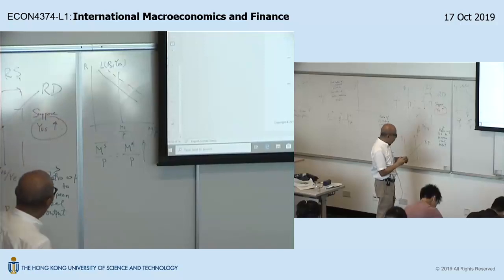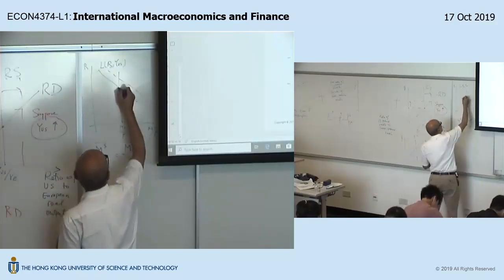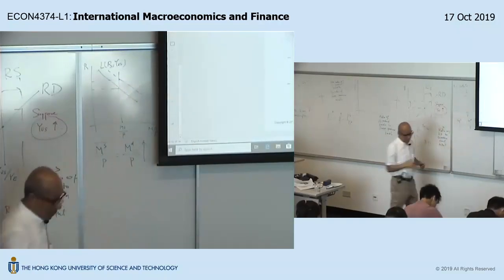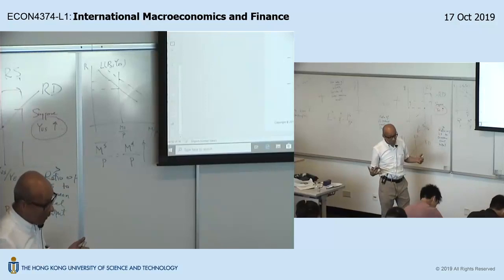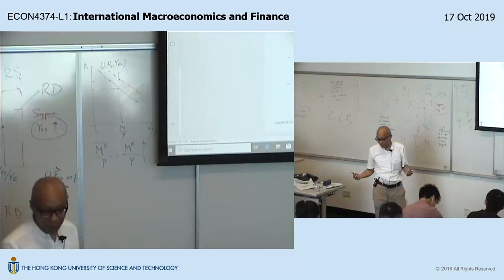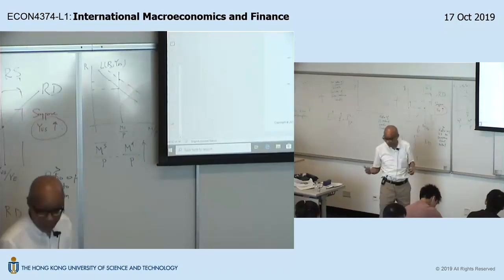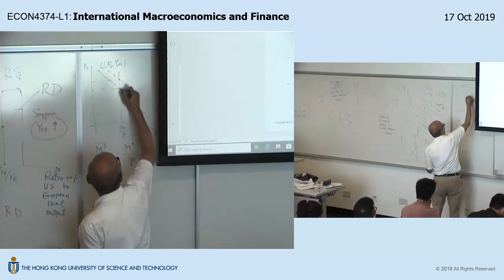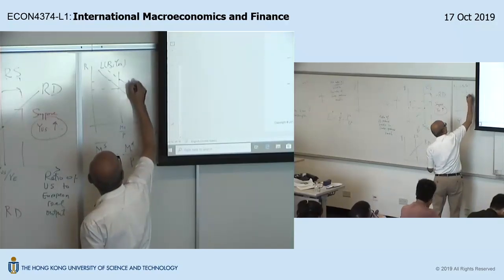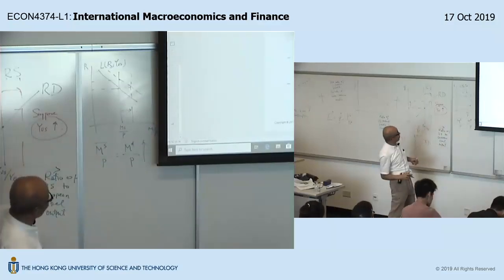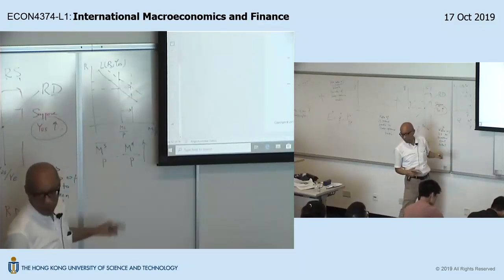But in the long run, the interest rate cannot be different. The interest rate has to go back to the original level because of long run neutrality of money. So as a result, this must move to the right, which means that P must fall because MS is unchanged.